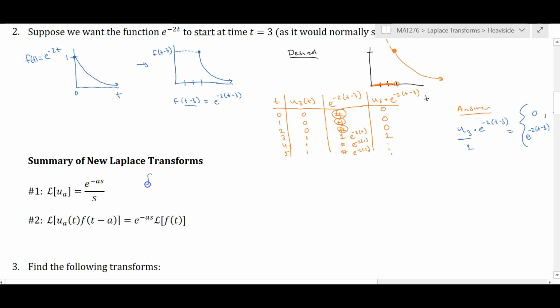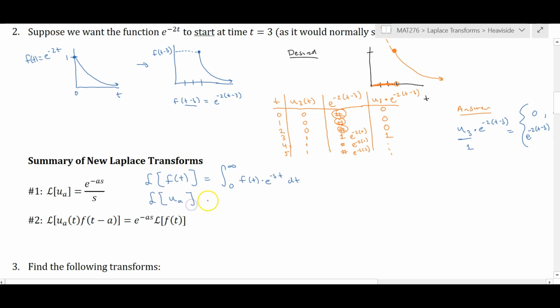By definition, the Laplace transform of a function of t is the integral from 0 to infinity of f of t times e to the negative st dt. I just want to show you really briefly why we get a continuous function out of something that is discontinuous.